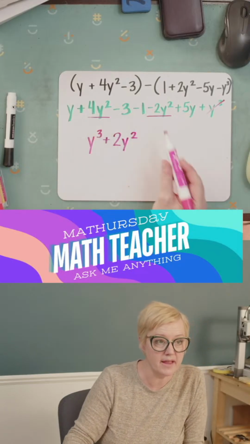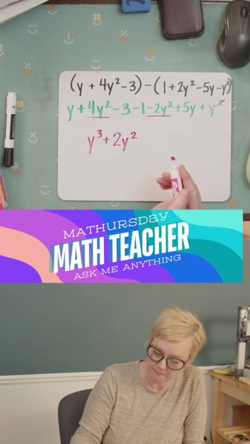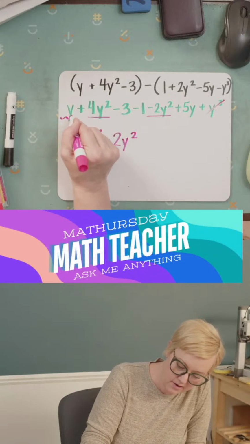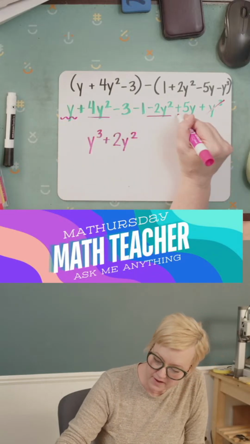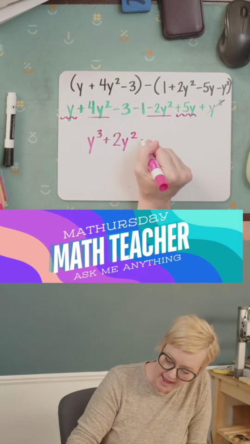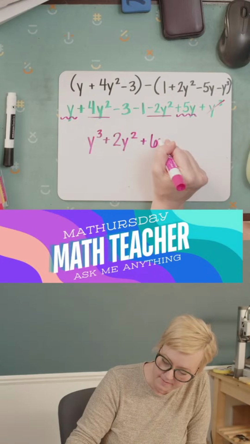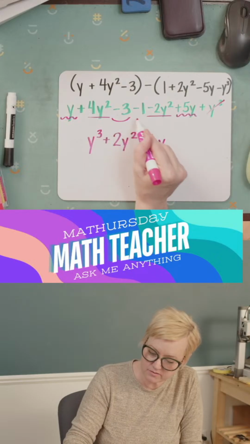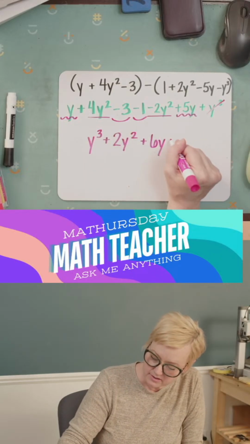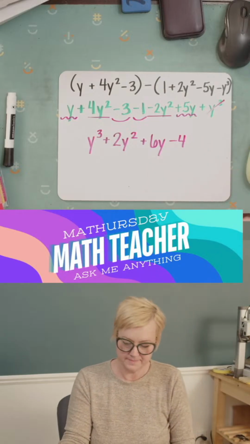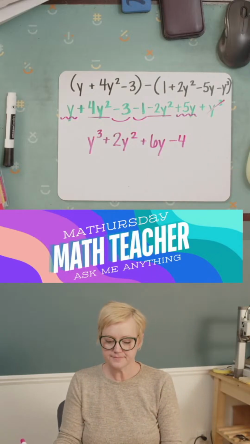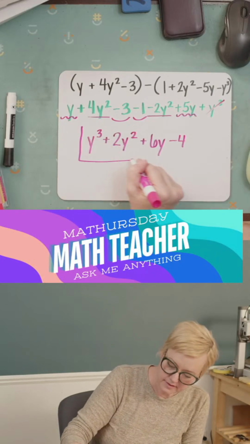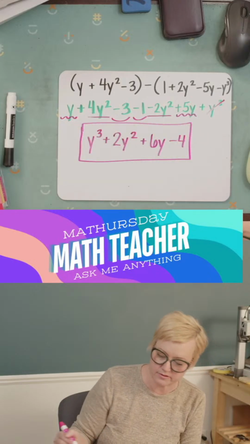Now the y's: I have 1y here and 5y's here, so I add those together and get plus 6y. For my numbers, I've got minus 3 and minus 1, so that's minus 4. There we go, that is my solution for adding and subtracting those polynomials.